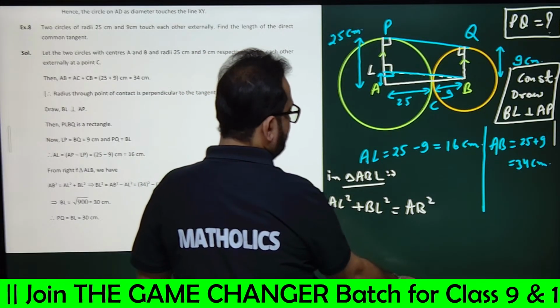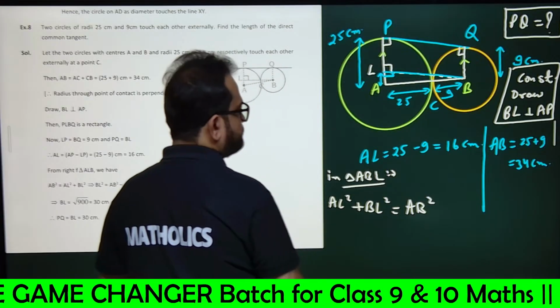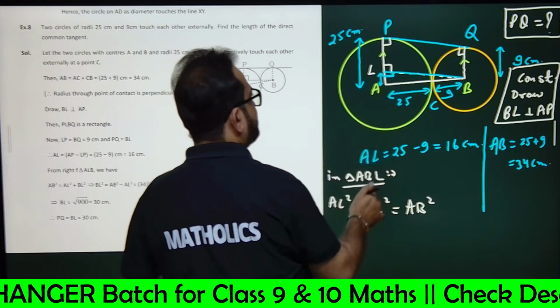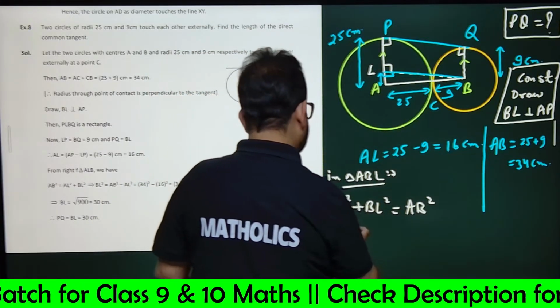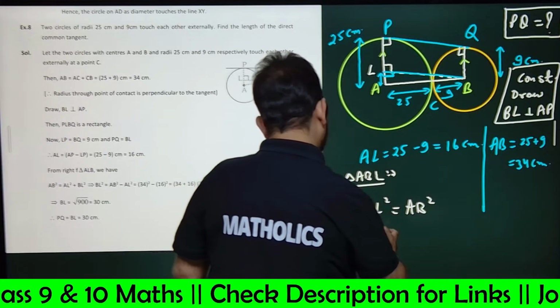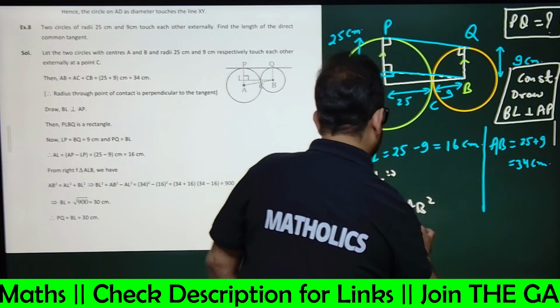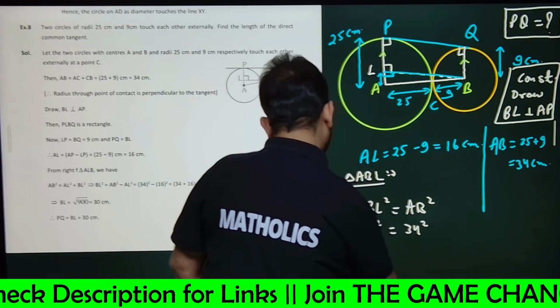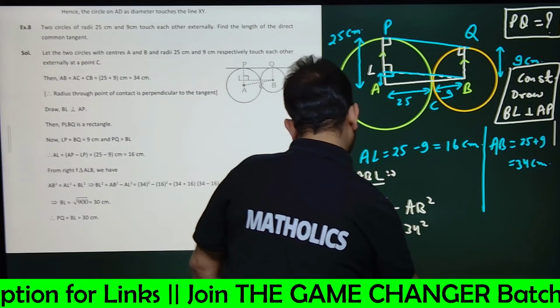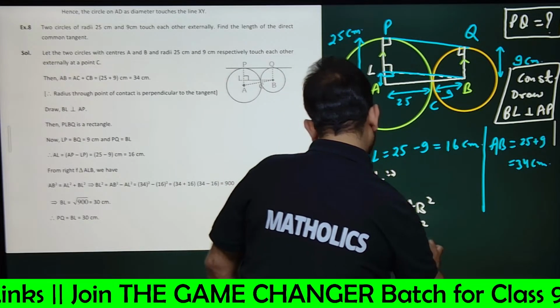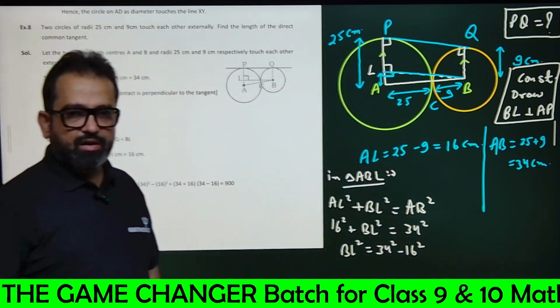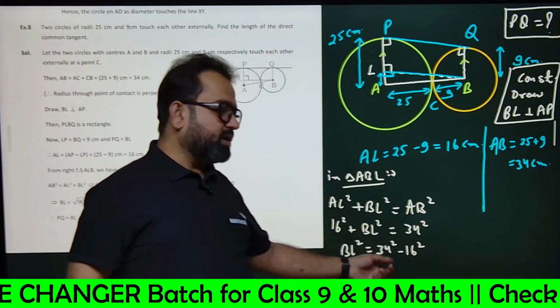What should I write? Tell me. AL square is what? AL is 16. So 16 square plus BL square is equals to AB, 34 square. So BL square equals to 34 square minus 16 square. Yes or no? Yes, sir. So if we find out 34 square, it will be difficult.